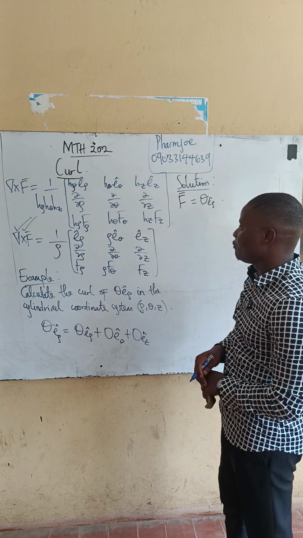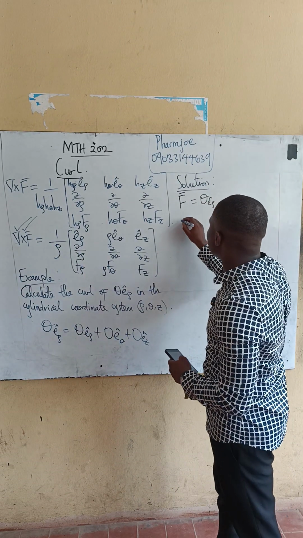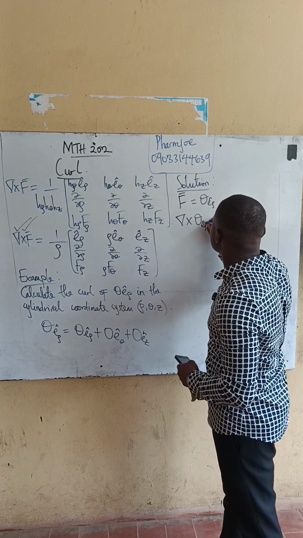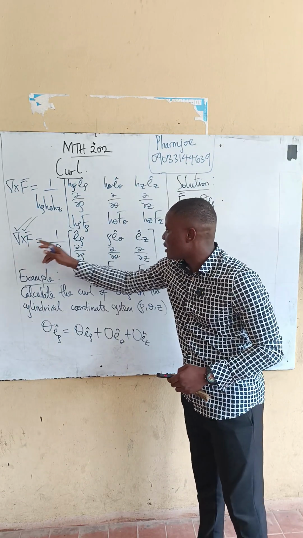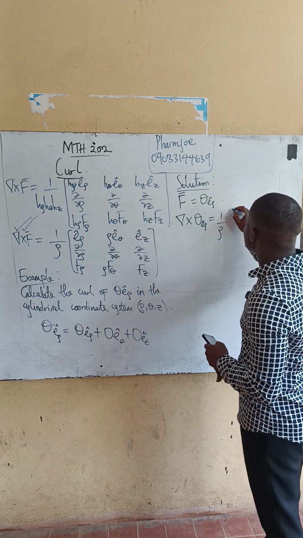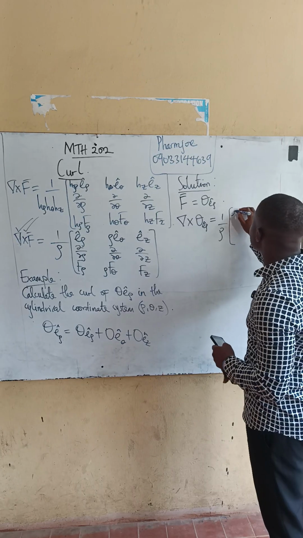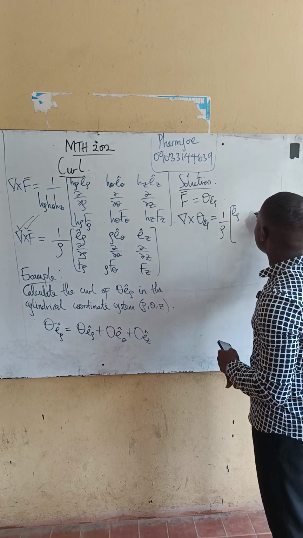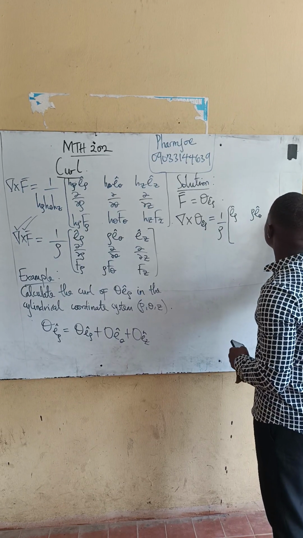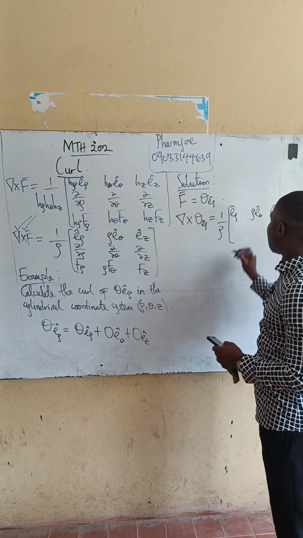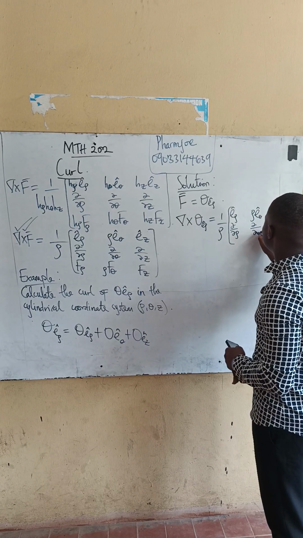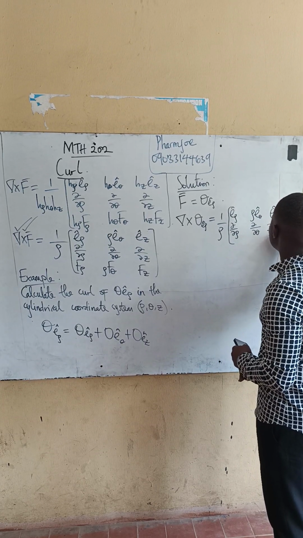That's our F. So if I want to find the curl of theta e rho, according to the formula, that should be 1 over rho, right? Then I have e rho, rho e theta, and e z. At this other region, I have partial rho, partial theta, partial z.